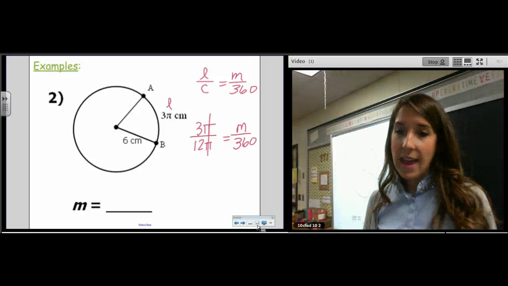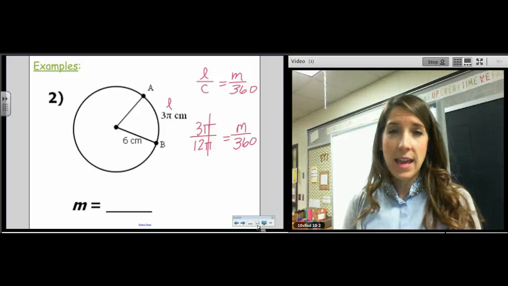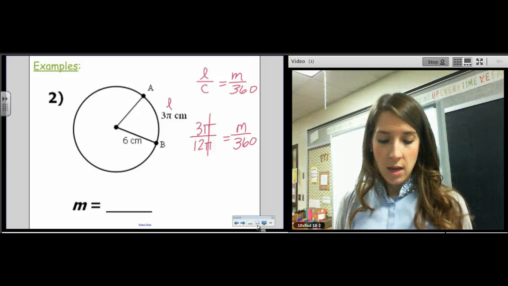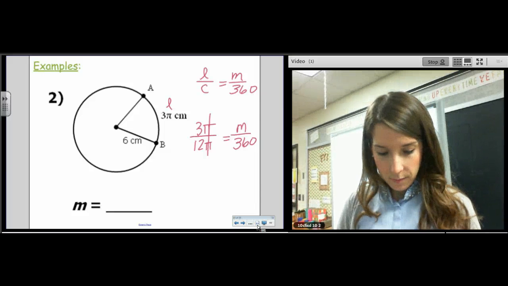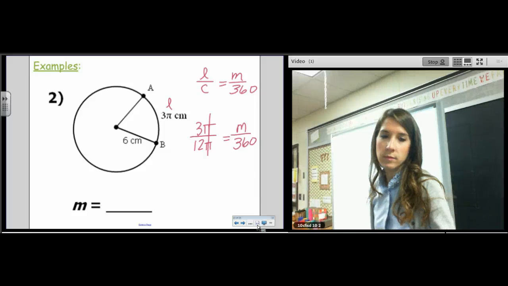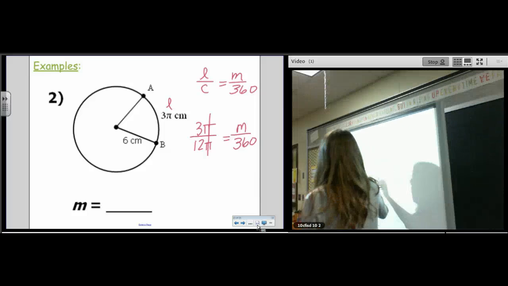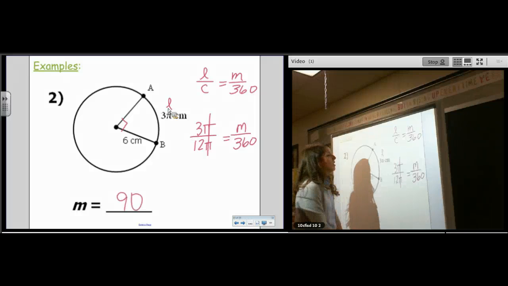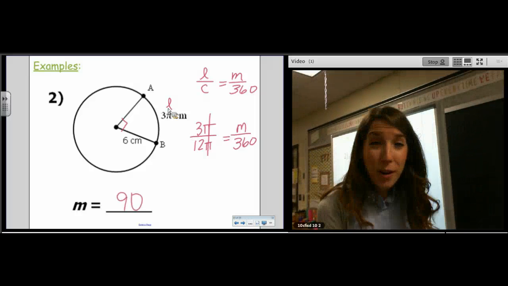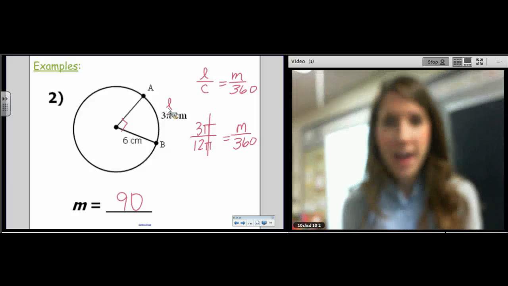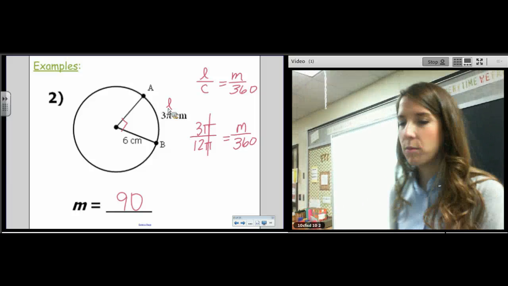The pi's will cancel, so now you're going to cross multiply again. Every time you're going to cross multiply. 3 times 360 divided by 12. So believe it or not, whether it looks like it or not, that is a 90-degree angle. Because 3 is a fourth of 12, and 90 is a fourth of 360. So hopefully you're kind of seeing how this is all related.